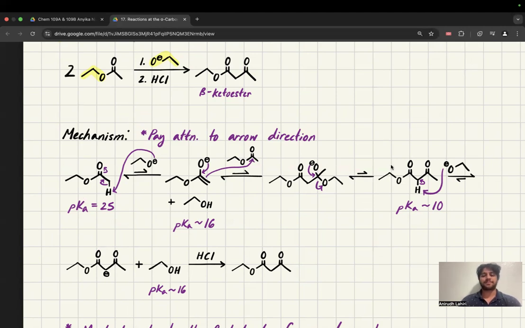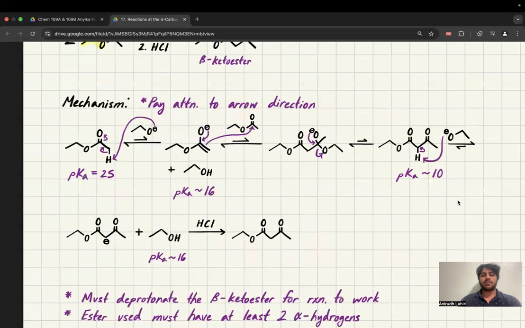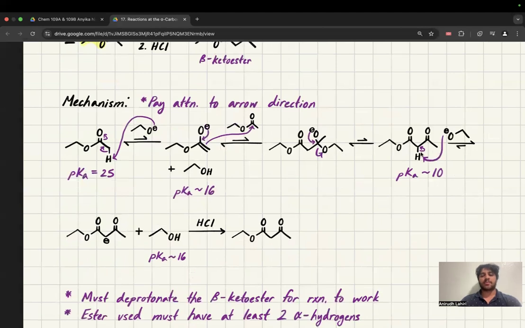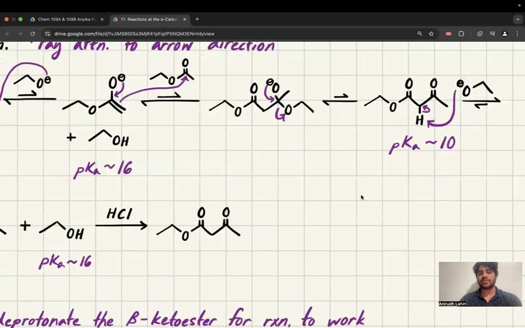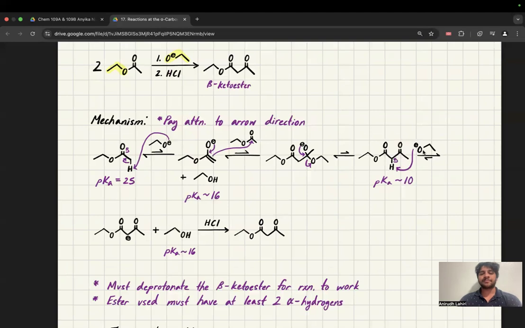Okay. And then note that something will keep on happening, right? We kind of stopped after one enolate was formed here. We could actually form a second enolate here because this point here is resonance stabilized both ways, right? So it's really, really good, with a pKa of 10. So it actually will keep going.